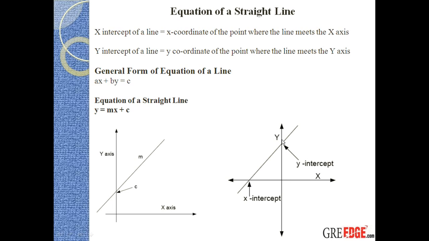Similarly for x-intercept, when the line intersects with the x-axis, it makes say a units on the x-axis, then that would be the x-intercept of the line. On the y-axis it makes 0 units. So this point would be a comma 0, this point would be 0 comma b, and b would be the y-intercept of the line and a would be the x-intercept of the line. Clear?